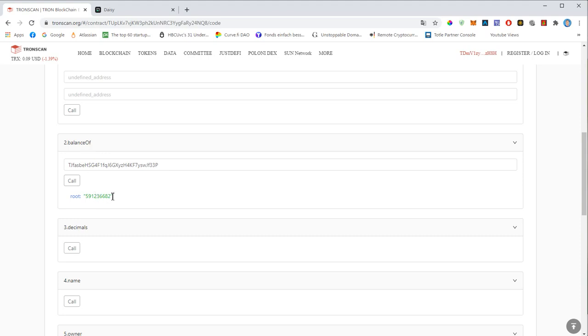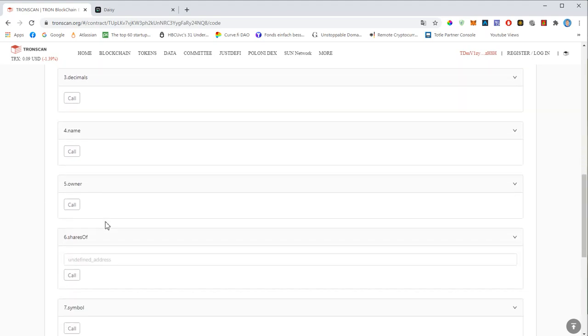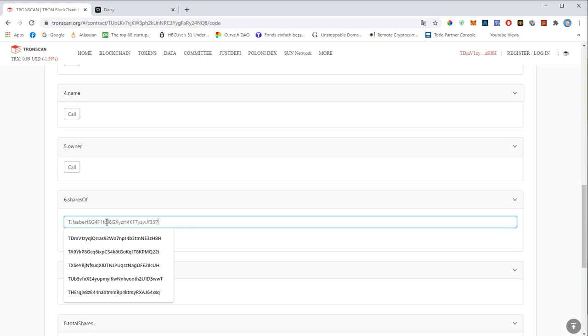Oh no, excuse me. That shows the balance of the paysetter bonuses, right? So this is how much this person has on the balance, which is $591 from the paysetter commissions. Okay. Shares of.